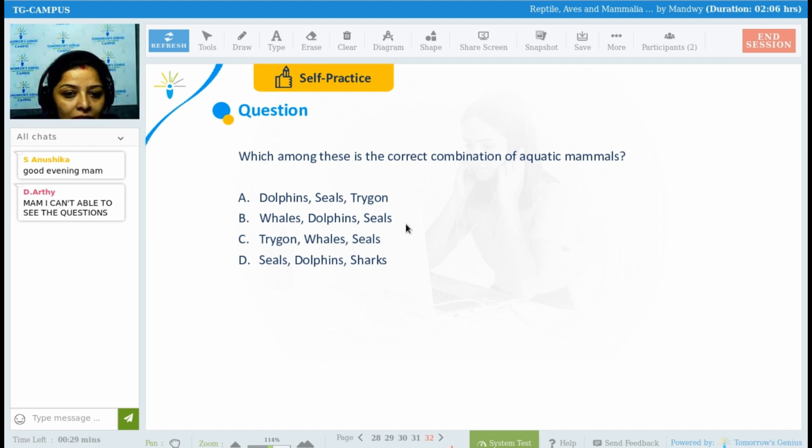A. Dolphin, seals, trigon. Trigon is a cartilaginous fish. Ma'am, B option. Whales, dolphins, and seals. Yes, all three are aquatic and they give birth to the young one and they all nourish their young one.